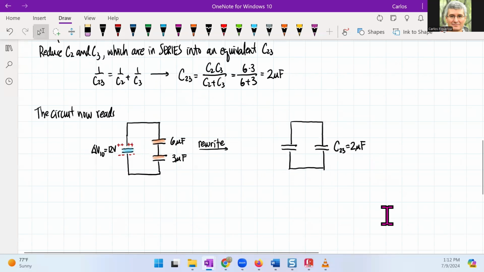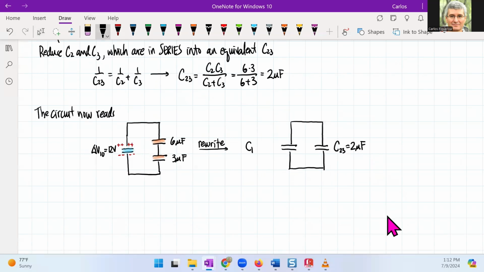And then I have C1, which is 4 microfarads. When I'm looking at these capacitors, what I'm seeing is that this guy has some initial charge, and we've calculated this charge.